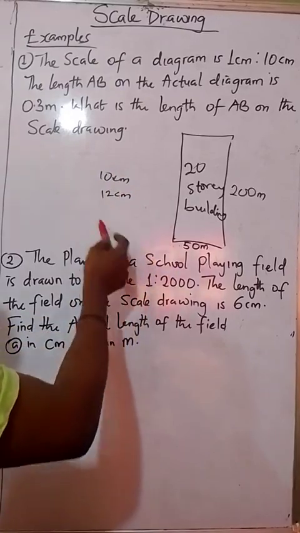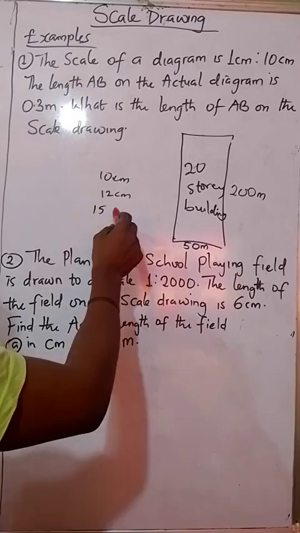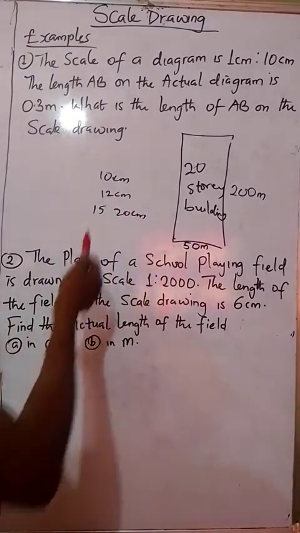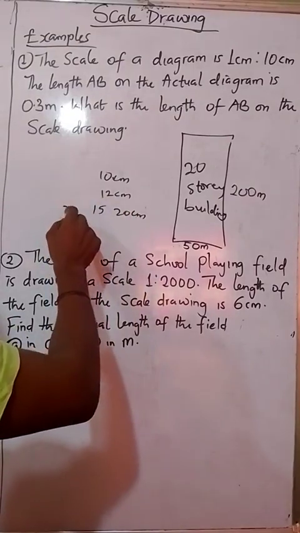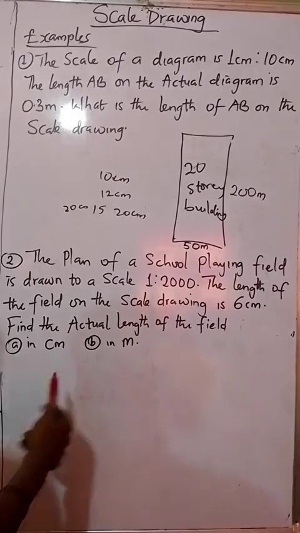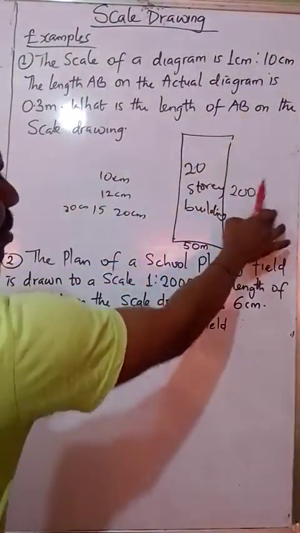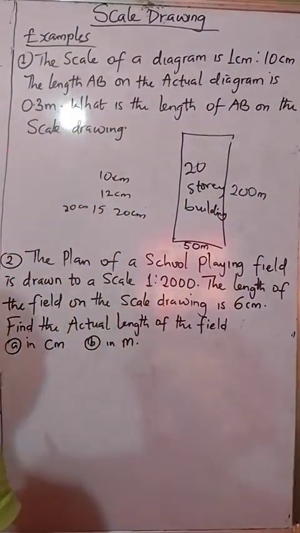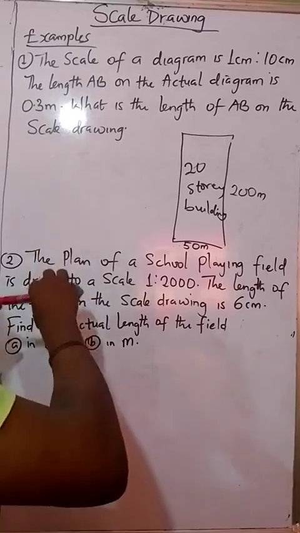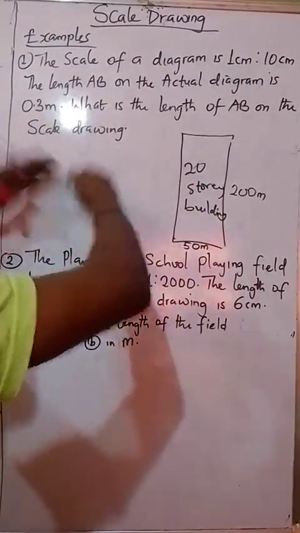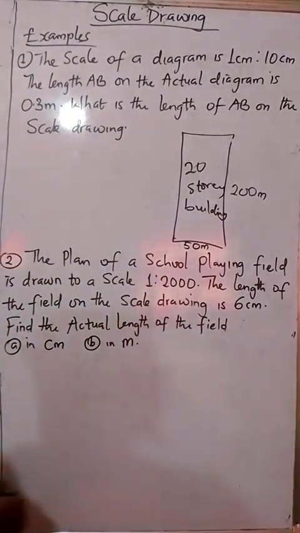In higher education, you can have like 15 or probably 20 centimeters, but the maximum is probably 30 centimeters, depending on how big your book is. And you have to draw a 200-meter story building in that book. So to get the accuracy of the building, you reduce the scale. That process is called scale drawing.